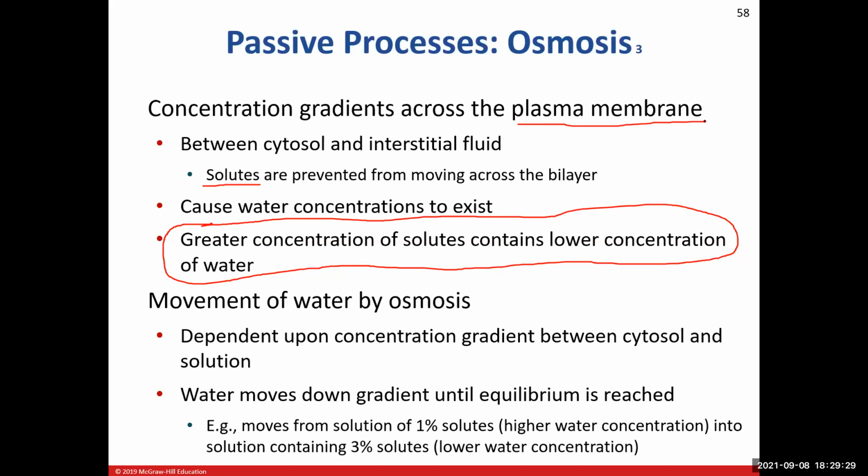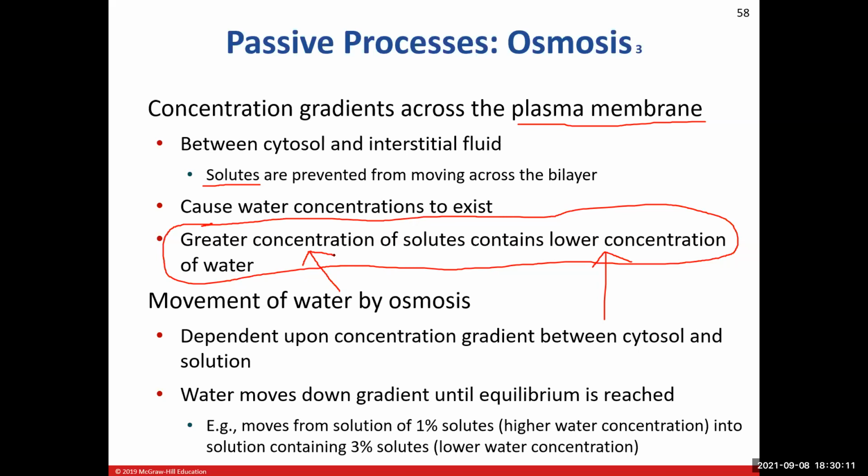So going back to that circled statement that I have here, greater concentration of solutes contains a lower concentration of water. So if water is going to move from an area of high water concentration to an area of low water concentration, can't I say this statement, that water moves from an area of high water concentration to an area of high solute concentration?